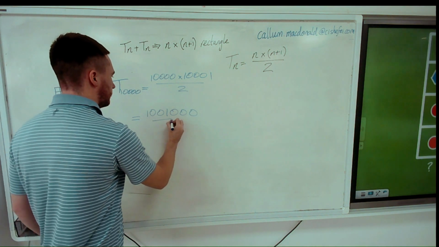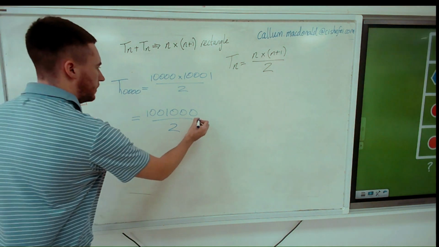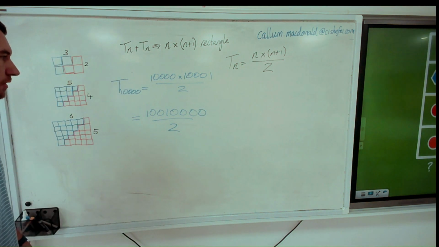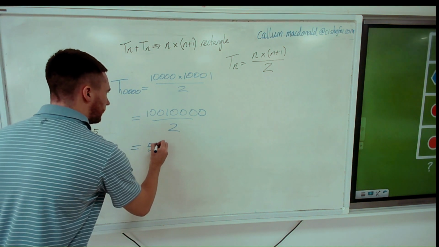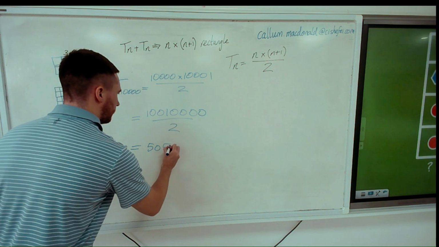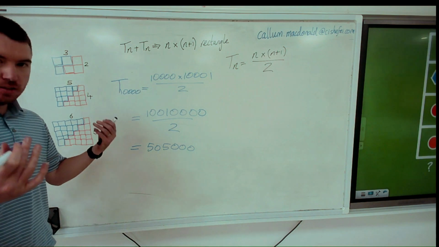Then when I divide that by 2, I get 50 and 50 with 3 zeros. And so that's solved.